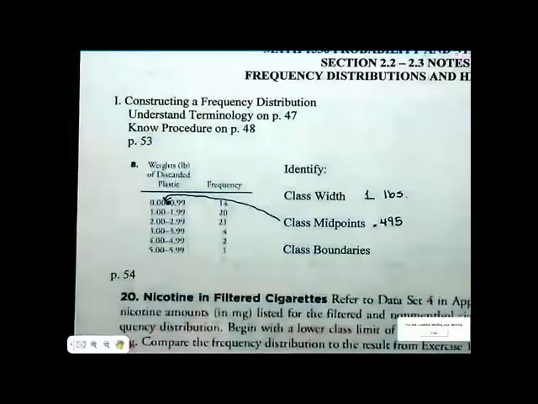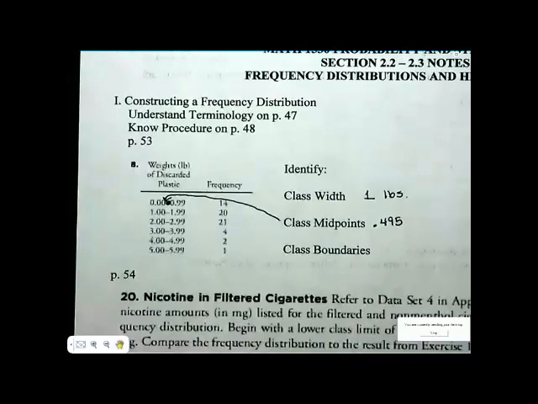Now we could continue doing that. For the second class, we could add 1 plus 1.99 and divide by 2, then 2 plus 2.99 and divide by 2, but you don't have to. If you know the class width is 10 and the first class midpoint is 0.495, what's the next one going to be? 1.495. Did I say the class width is 10?